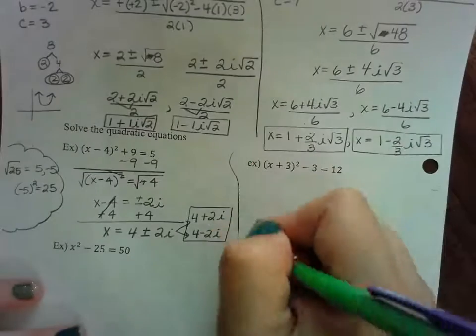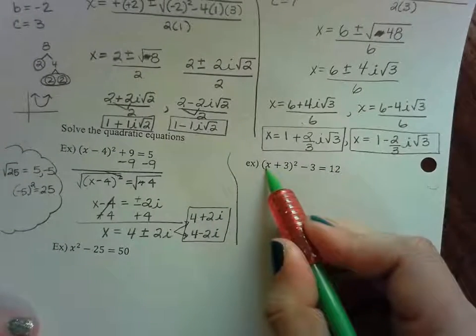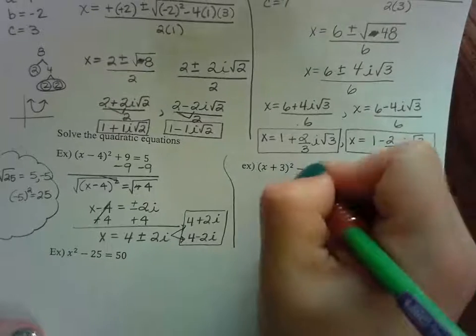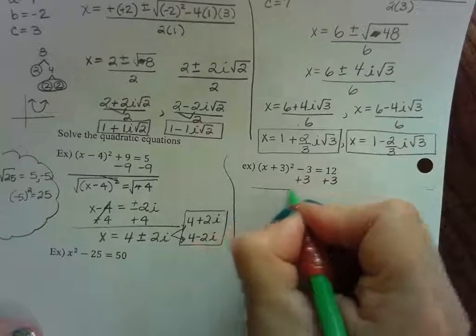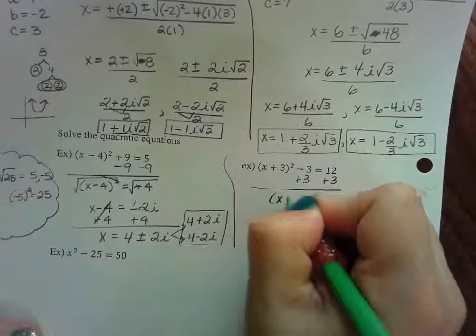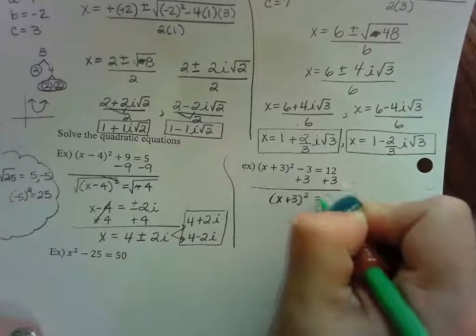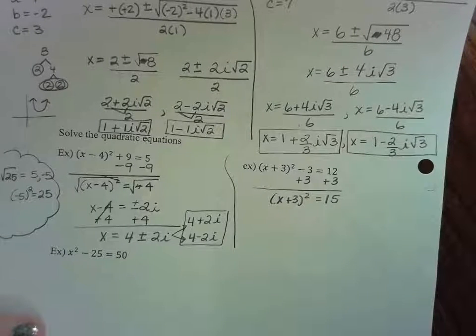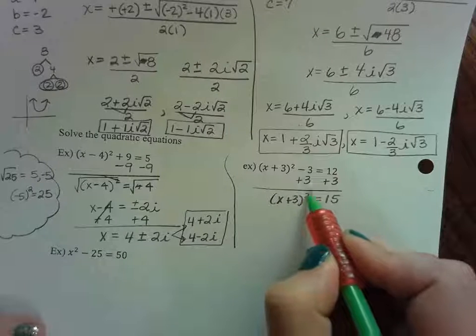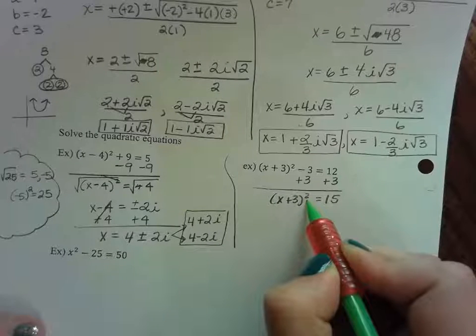Let's try this one. To get the x by itself, the first thing you want to do is add 3. So we add 3 to both sides. x plus 3 quantity squared equals 15. Now you're going to take the square root of both sides because we have to get rid of this squared right here.